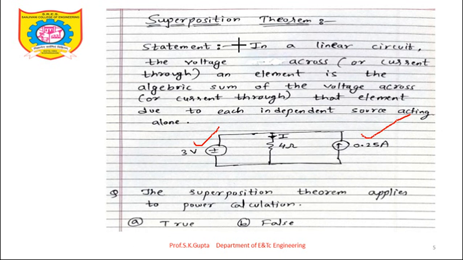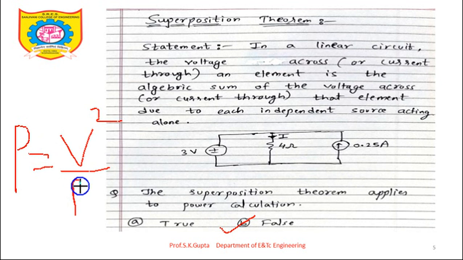So this is the statement of the superposition theorem. It is applicable for which circuit? Linear circuit. Let's have one basic question. The superposition theorem applies for power calculation, true or false? The answer is false. We cannot use superposition for power calculation because P is equal to V square by R or I square into R. V square by R indicates a non-linear relationship.